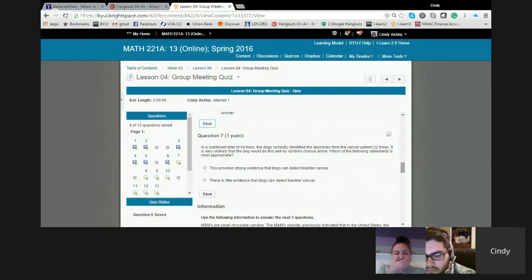So the probability of just finding it is 14.3%. I should have grabbed a calculator. There's no calculator here.